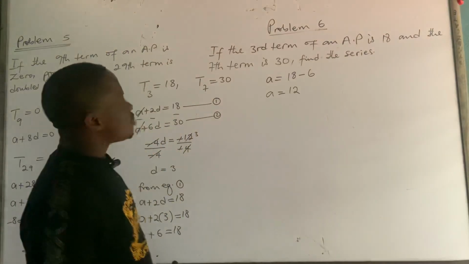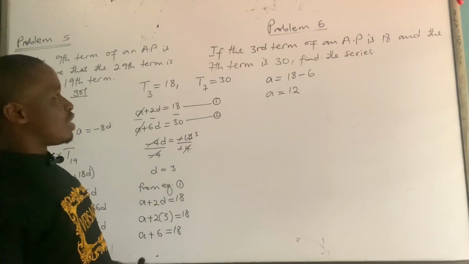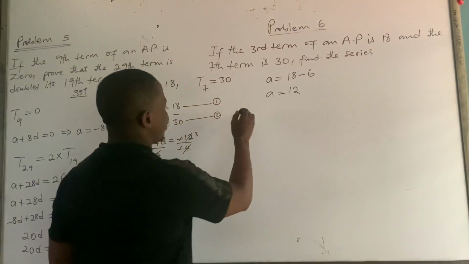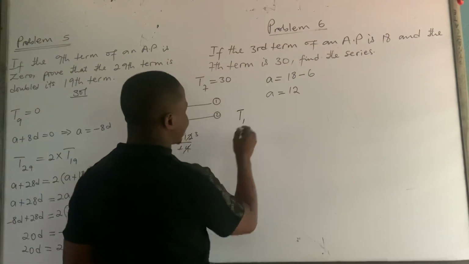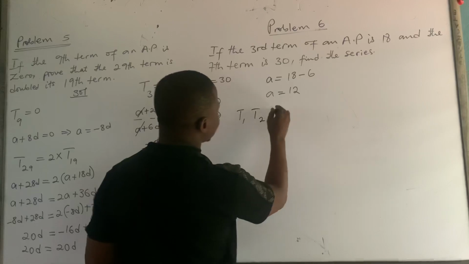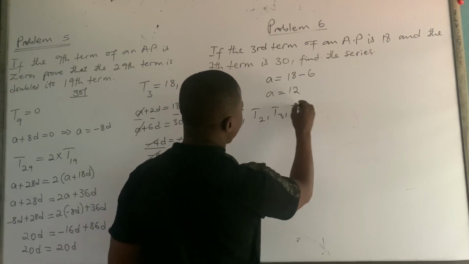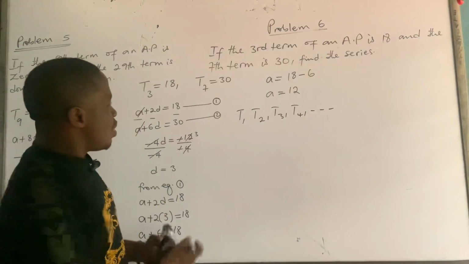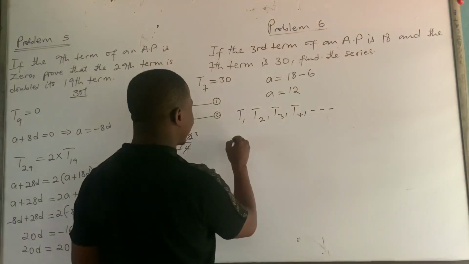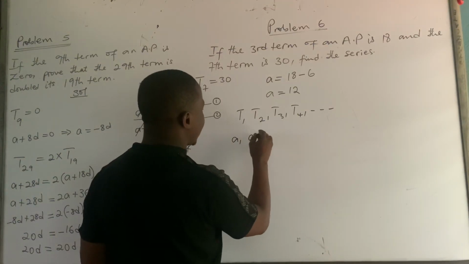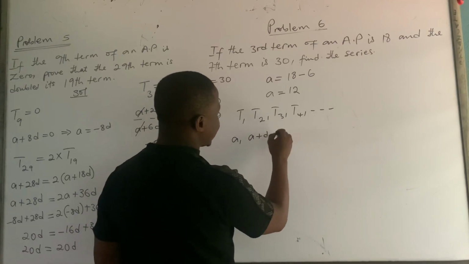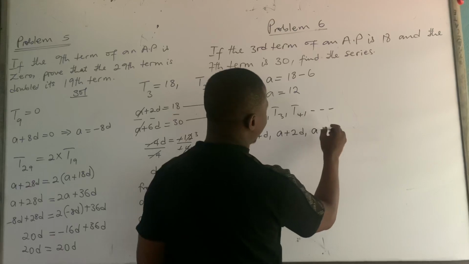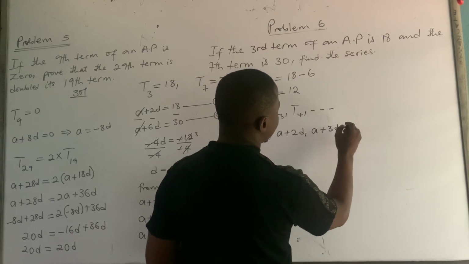All right. So for an AP, we need first term, second term, third term, fourth term, and so on. The first term of an AP is A, the second term is A plus D, the third term is A plus 2D, the fourth term is A plus 3D.